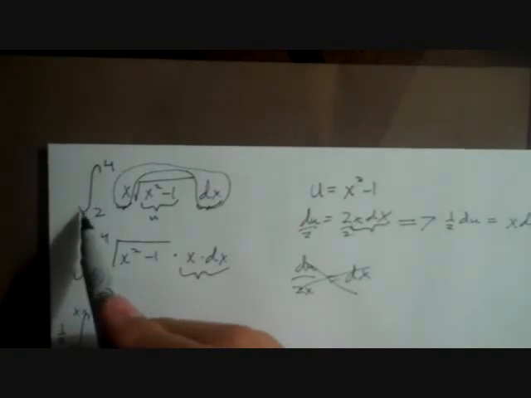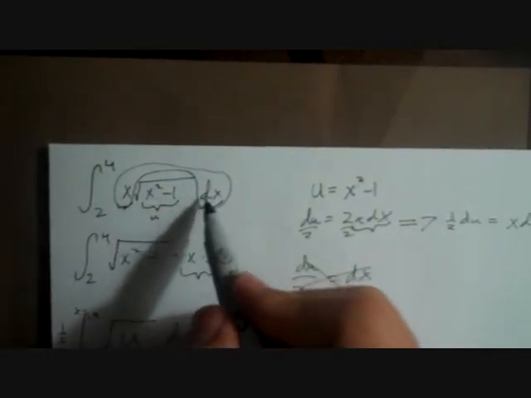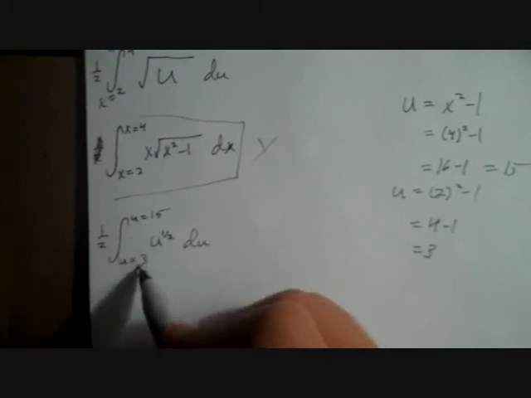So u equals 3. So now, instead of integrating from 2 to 4 of x times the square root of x squared minus 1 with respect to x, it's an equivalent thing to say 1/2 of the integral from 3 to 15 of u to the 1/2 du.